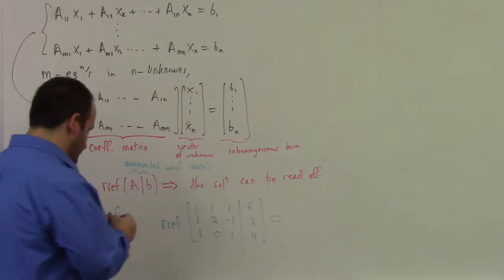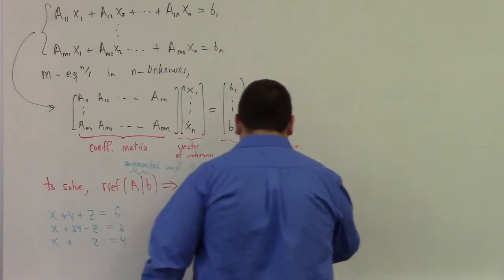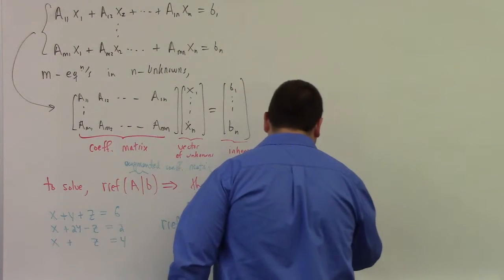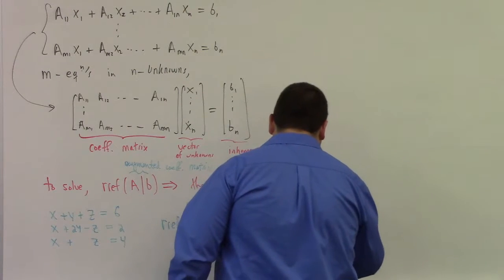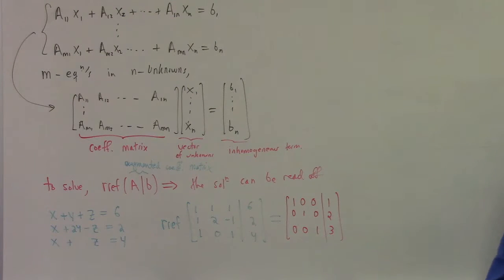All right. Your favorite Texas Instruments calculator will have that in there, and there are any number of websites. What will come out is 1, 0, 0, 1, 0, 1, 0, 2, 0, 0, 1, 3. How do I know that? Well, I made this system up with the solution x equals 1, y equals 2, z equals 3.